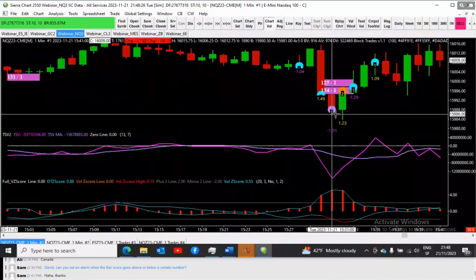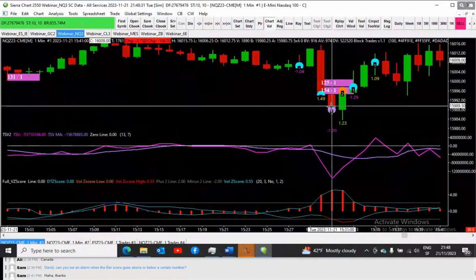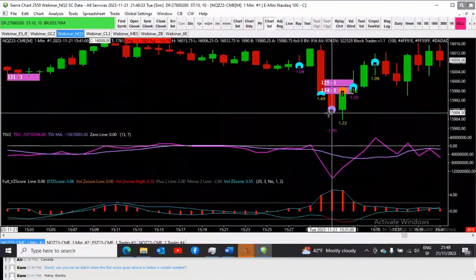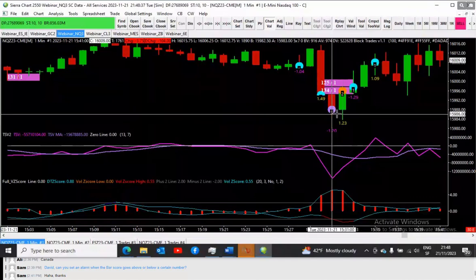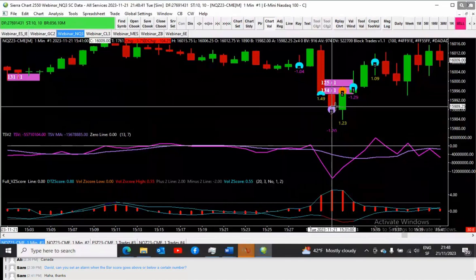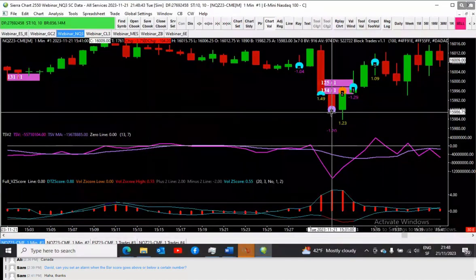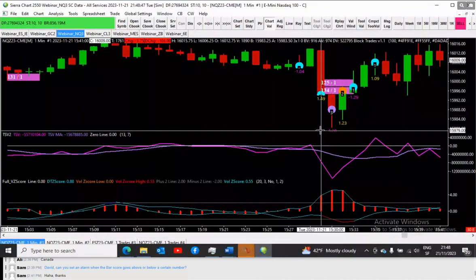Right at the bottom of this bar, or the close of this bar, you can see another Voltic. This is the purple one. So this means the speed of trading here is at least 5 times the average. So pretty frantic stuff going on here. Obviously the sellers, these large sellers, wanted to keep things moving down.